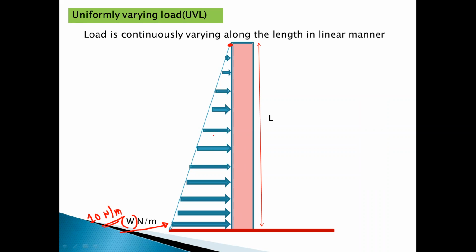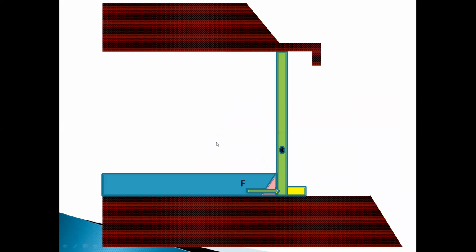So we can see such type of loads on the gate of the water dam. So here you can see, this is the automatic gate which will open due to the water pressure. Okay.